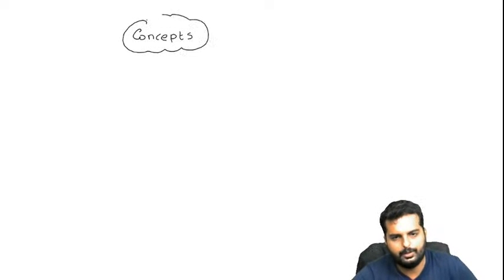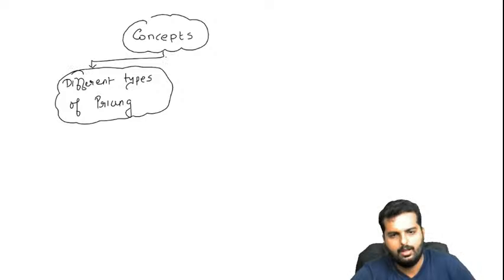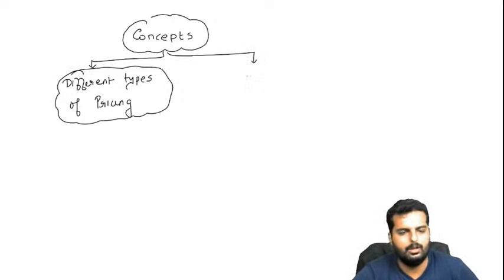Alright friends, let's start with the concepts now. I'll give you an overview of the concepts that we are going to learn over here. Mainly, this chapter is all about different types of pricing, and it is also about profit maximization using a linear equation.